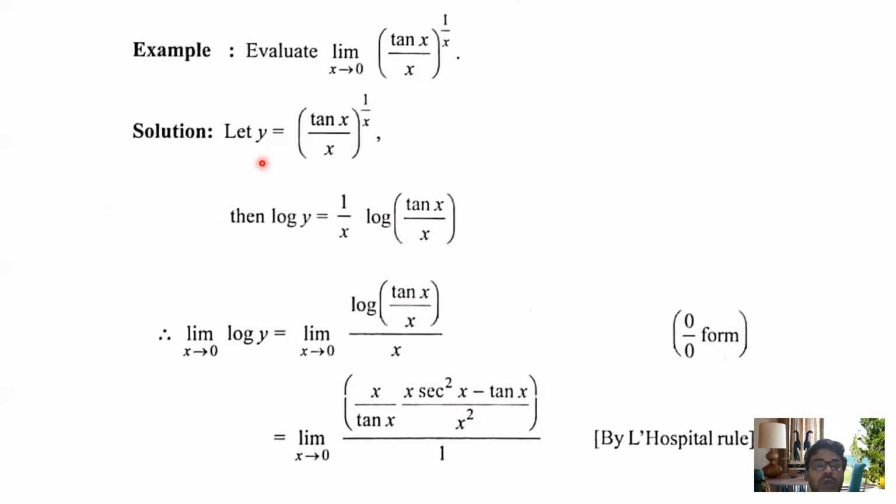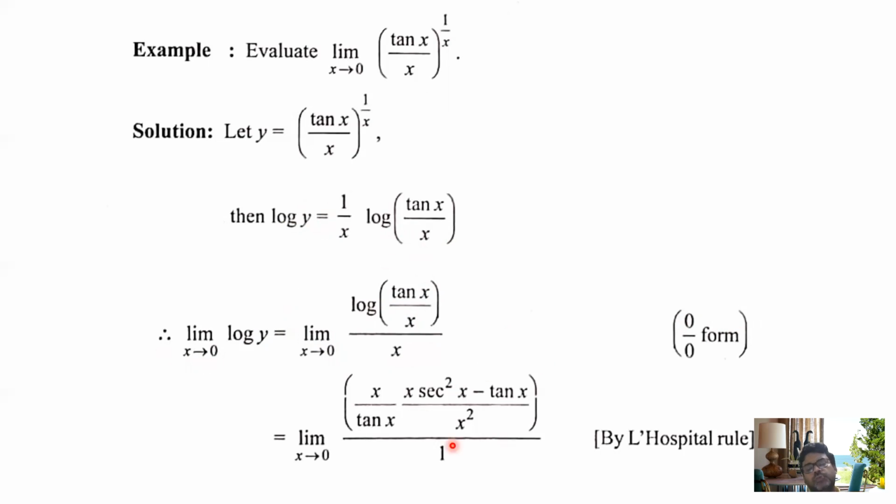Same way, take log. Taking log, log y equals 1 by x log of tan x by x. So limit x tends to 0 of log y equals limit x tends to 0 of log (tan x by x). From here it is clear that tan x by x tends to 1, log of that is 0, and the denominator x is 0. So it is a 0 by 0 form.